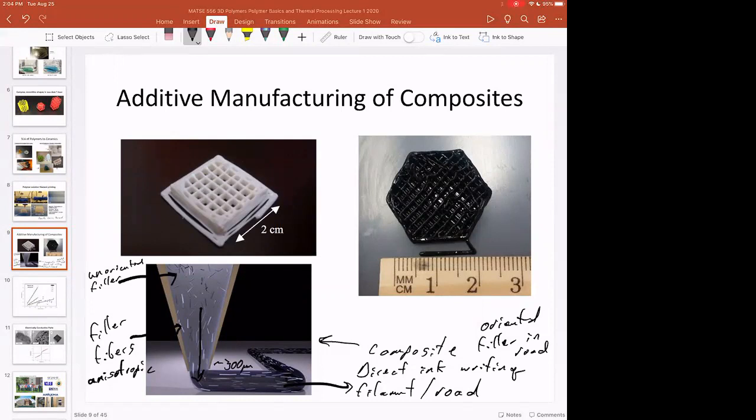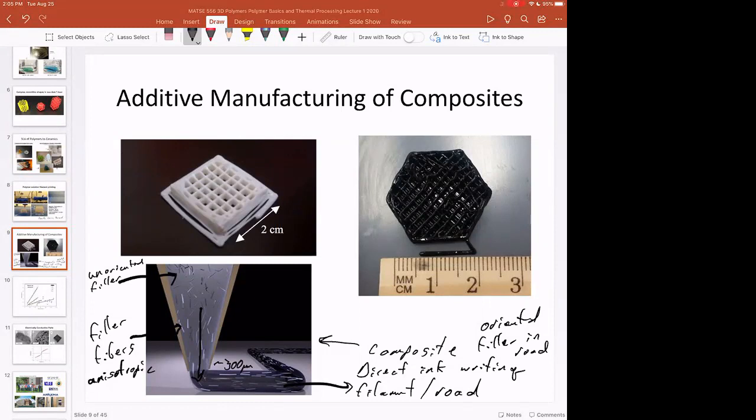Now, that's a lot of nomenclature. That's a lot of vocab words. If you don't understand a vocab word, just shoot it up in the chat. Just say, I don't know what a road is, or I don't know what a filler is, or what does anisotropic mean? Because these are the type of technical words that we're going to use in a graduate course to really describe what's going on. We'll talk about degree of orientation. We'll talk about shear rate.